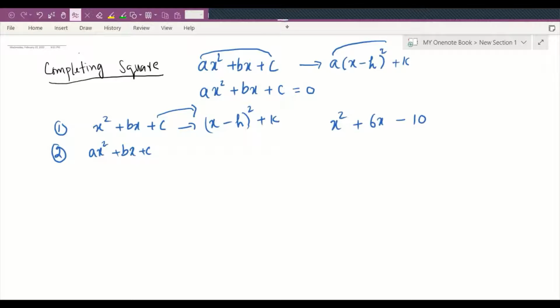First of all, we see what is the coefficient of x, and we divide it by 2. So 6 divided by 2 is 3. Now we write x plus half of 6, which is 3, and we write the square.